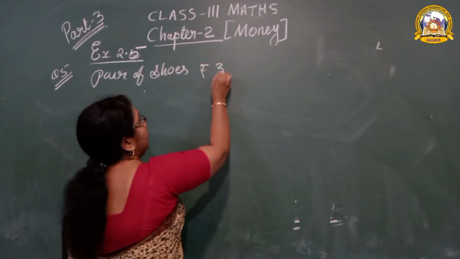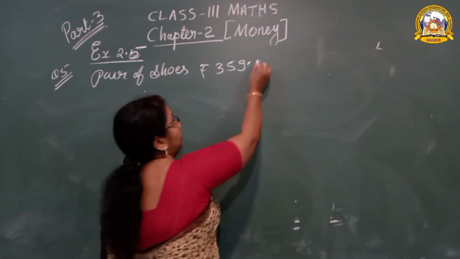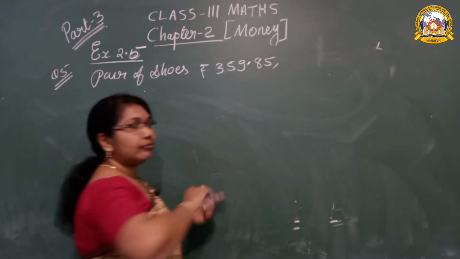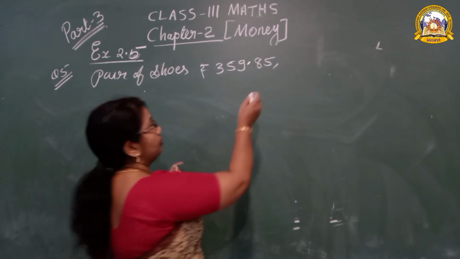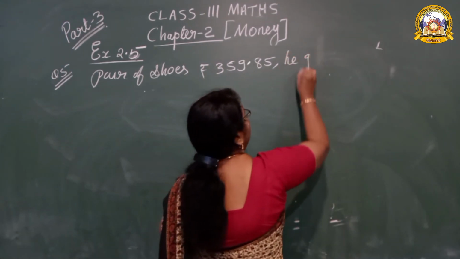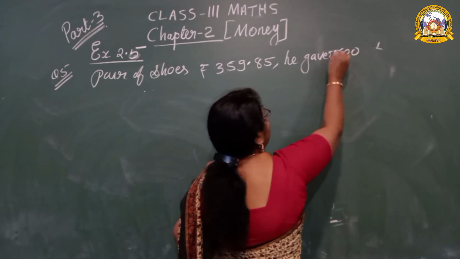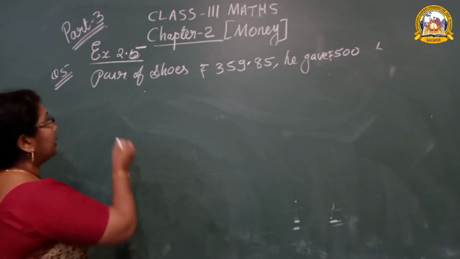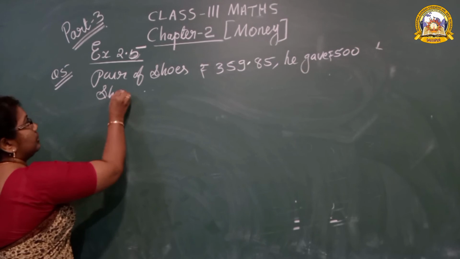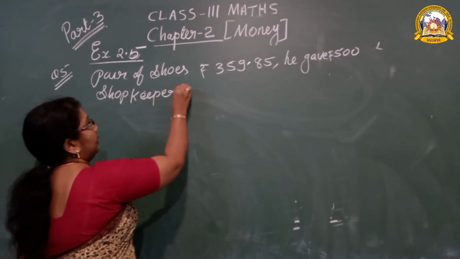Rupees 359.85. If he gave 500 rupees notes to the shopkeeper, how much money did the shopkeeper return?